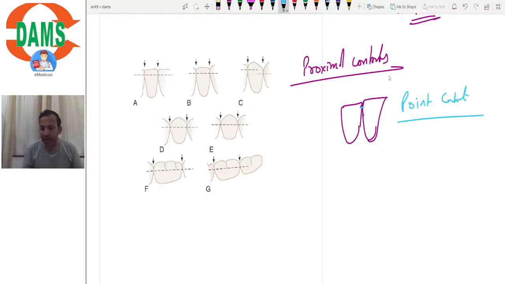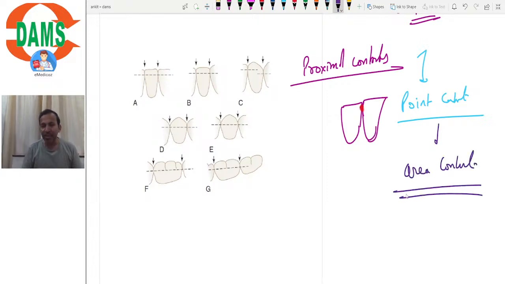So the proximal contact is a point contact initially, but with age it will undergo attrition, and this point contact will eventually change into an area contact. In the incisors, this contact is more towards the incisal edge. But as we move posteriorly, this area shifts more and more apically.